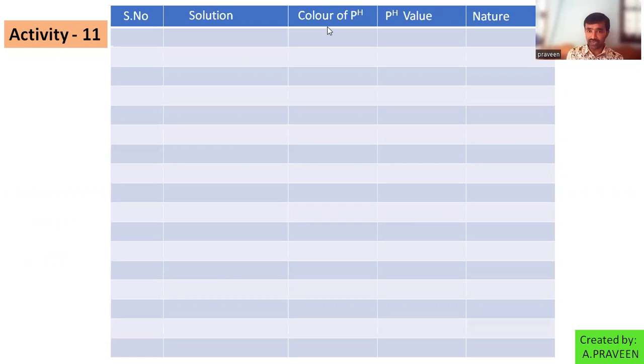I'm not going to give you all the values. Among the 17 substances given in your textbook, I will give only the important values, which you can note down in your book: HCl.